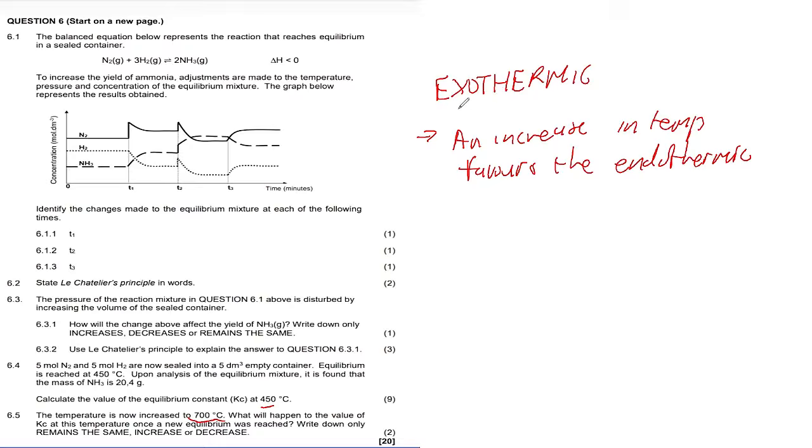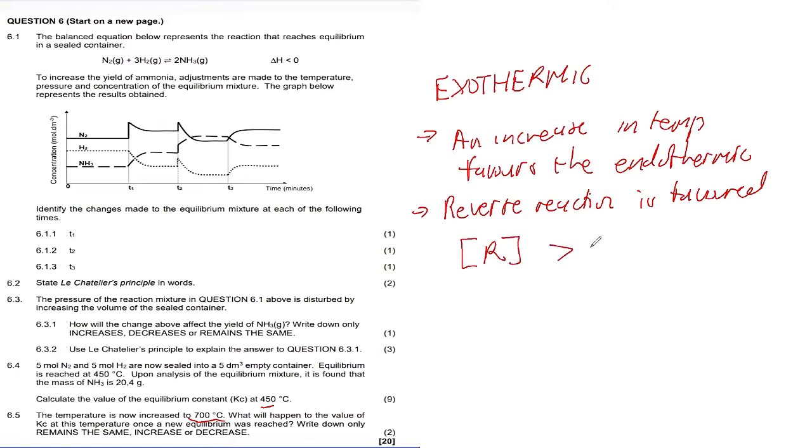Now, if the forward reaction is exothermic, that means reverse reaction is favored. Now, if the reverse reaction is favored, that means concentration of the reactants will be greater than the concentration of the products.